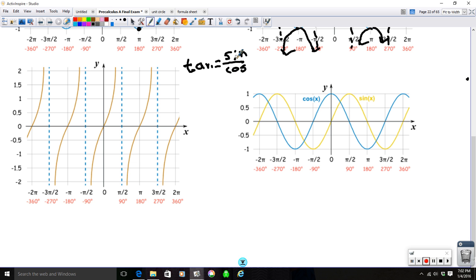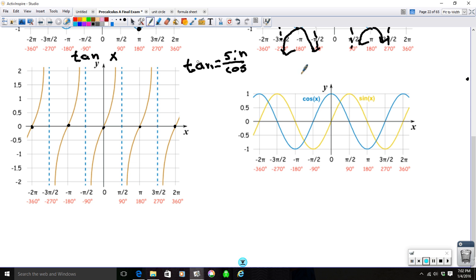And then where sine is equal to 0, that becomes an x-intercept. So we have an x-intercept, here's sine in yellow, at negative 2 pi, at negative pi, at 0, at pi, and at 2 pi. And then you draw an increasing function that approaches these asymptotes. So that is what tangent looks like and how we go about getting that. This is the tangent of x.